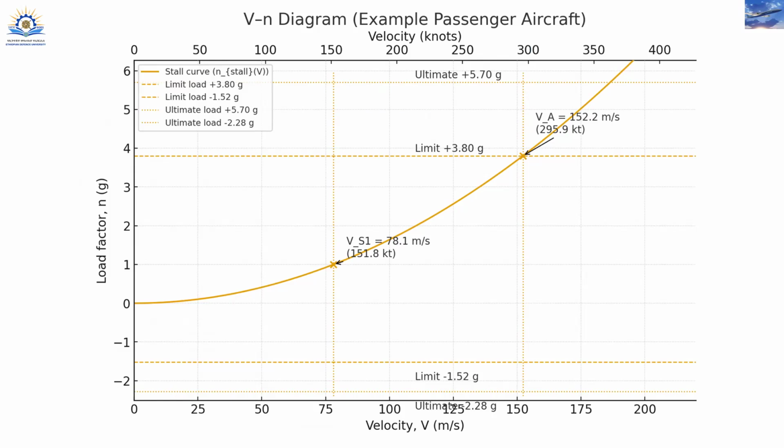This VN diagram works only for a particular aircraft. It will not work for a different one. Airbus has its own, and a fighter aircraft has its own VN diagram, and they are very different. The pilot must follow that VN diagram, and it is in the working manual of the aircraft.